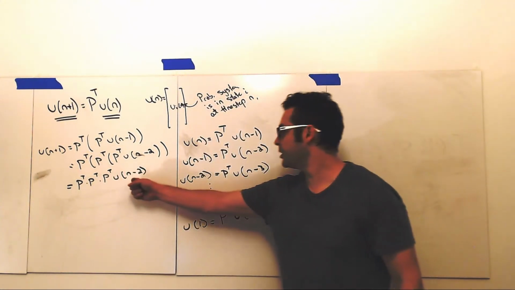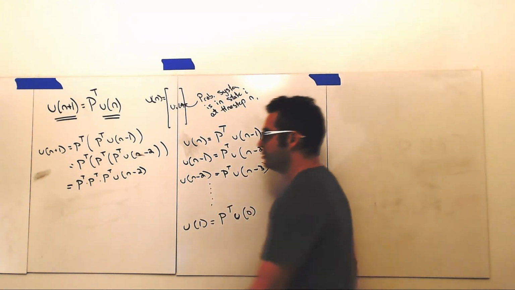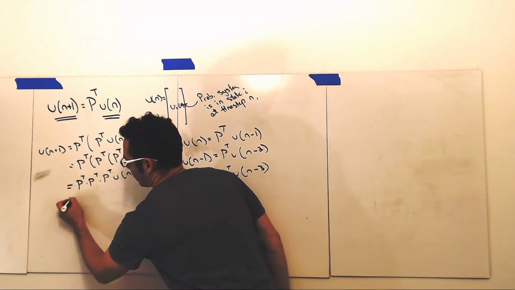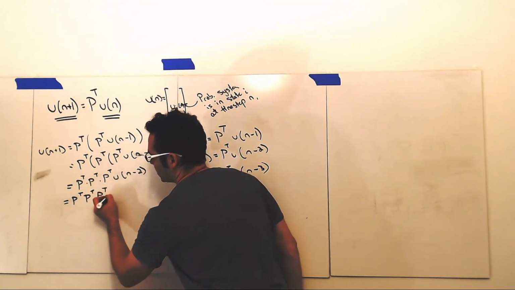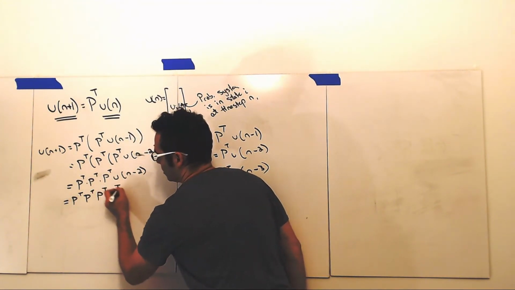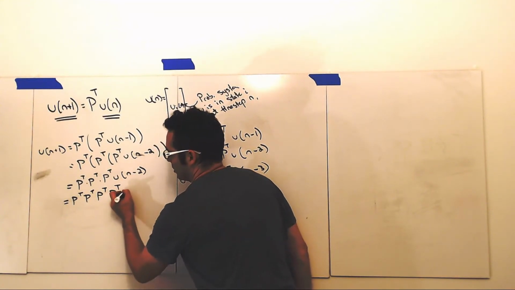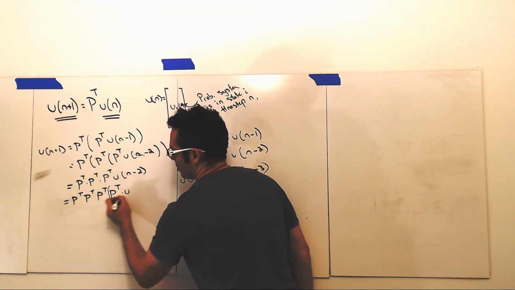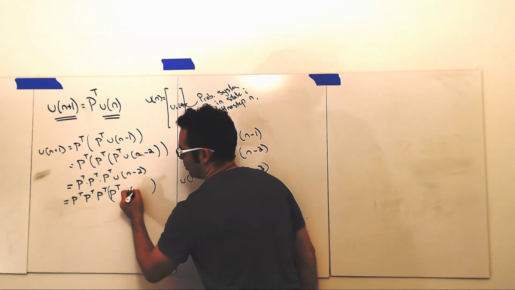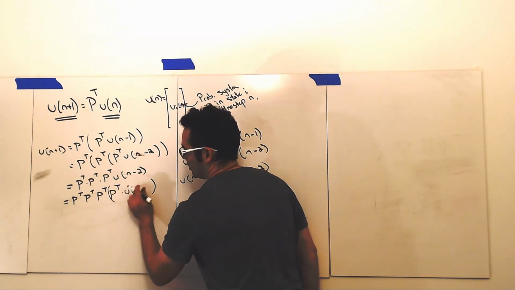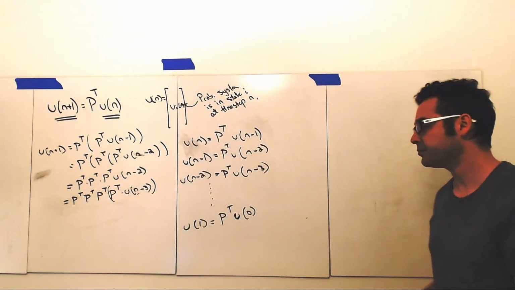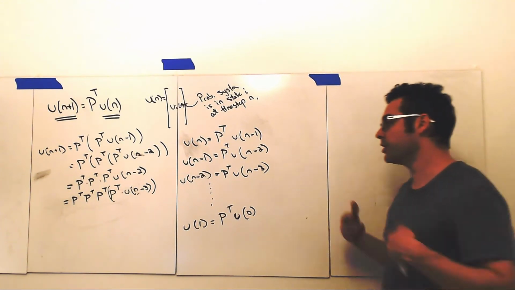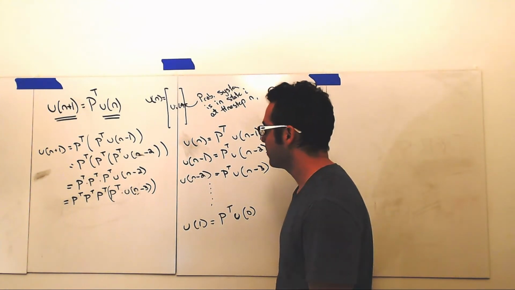And again, we can substitute in u of n minus 2. And hopefully you can see that we just get p transpose 4 times u of n minus 3. And so this keeps going and going.